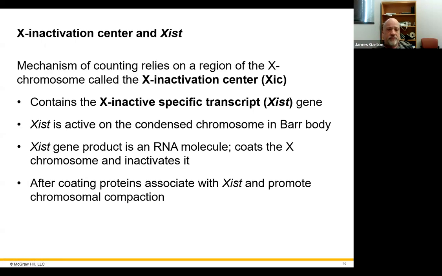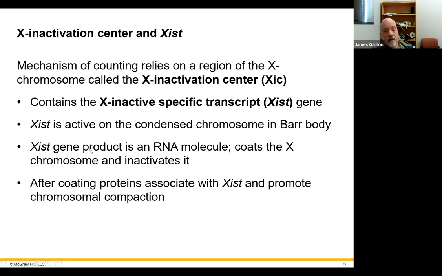On every X chromosome, there is a region called the X inactivation center, XIC. In every X inactivation center, there is a gene, X inactive specific transcript. This gene is active on the condensed chromosome in the bar body.